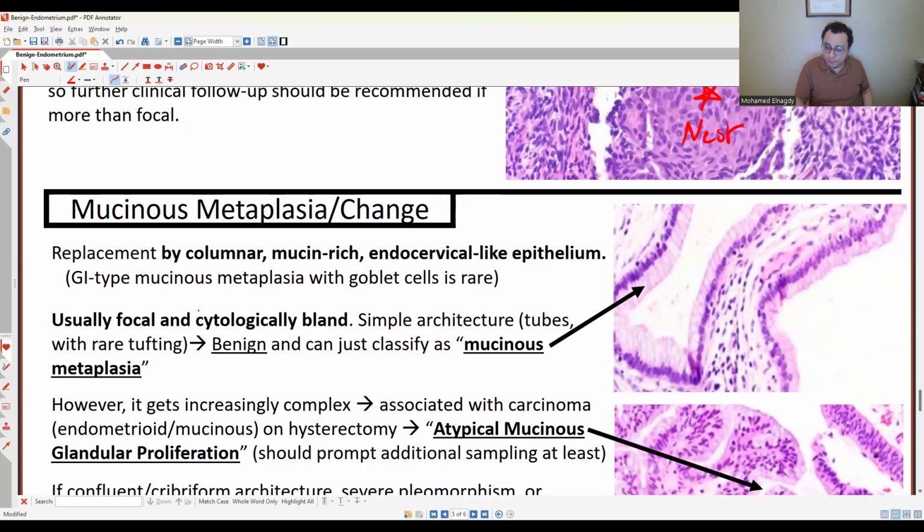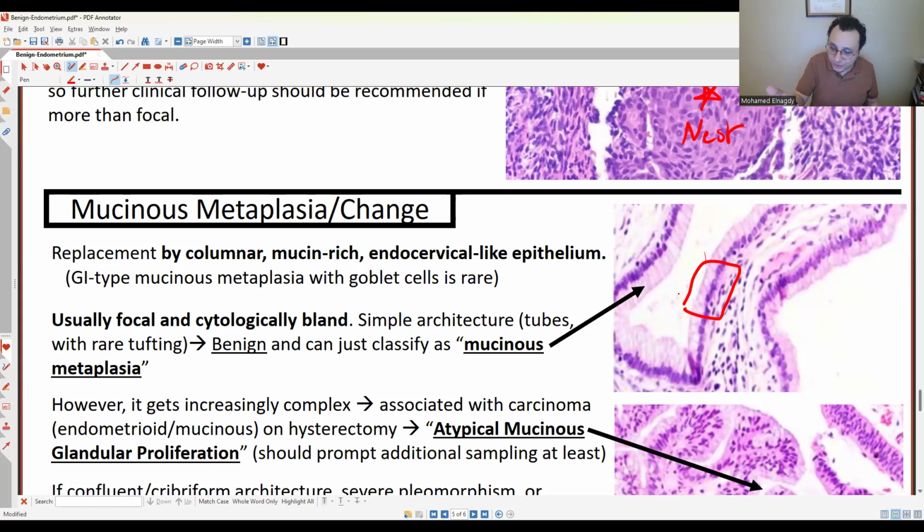Some other types of metaplasia might have mucinous metaplasia, not very high yield. You won't see it that much, but mucinous metaplasia is when you see columnar cells with apical mucin, like when you see endocervical glands. The problem with mucinous metaplasia or mucinous change is that sometimes we have endocervical glands in the endometrial biopsy or in the endometrial curettage.